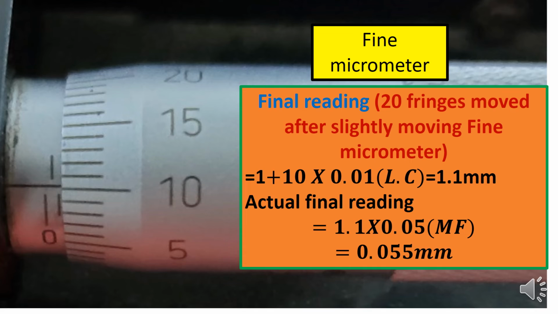So the reading is 1 plus 10 multiplied by 0.01, which means the reading is 1.1 mm. Then 1.1 multiplied by the multiplying factor, as per the manual, 0.05, gives the final reading.